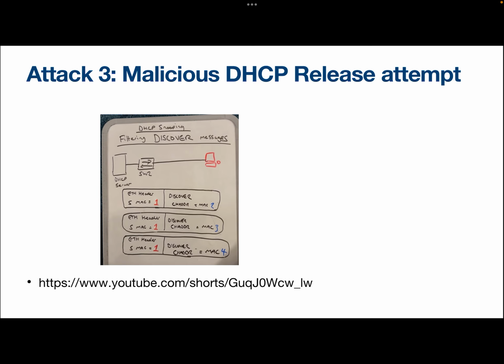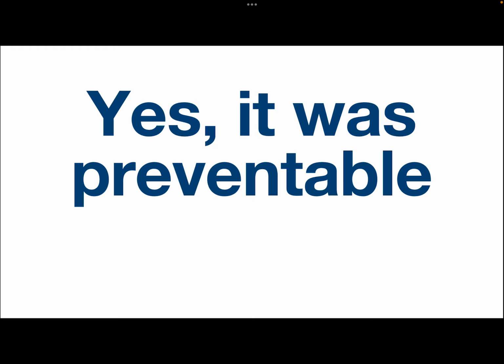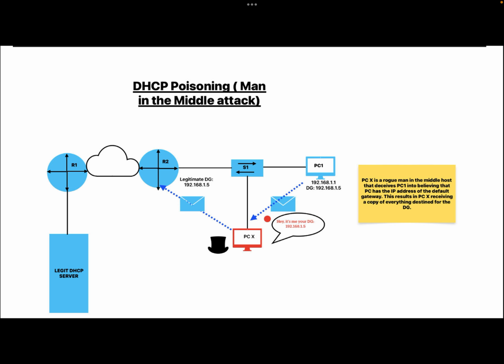It could be healthcare records, who knows. This kind of information would have leaked to an attacker. And finally, here DHCP snooping has prevented all of our IP addresses from being leased to a rogue client. So DHCP snooping could have saved us in these three situations.